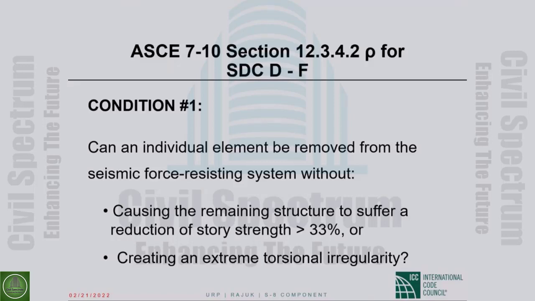So you remove a member from the seismic force resisting system. If that causes more than a 33% decrease in story strength, the story from which you took that member, if the strength of that story goes down by more than 33%, or it now becomes extremely torsionally irregular, then you have not met condition number 1 and your rho is 1.3.